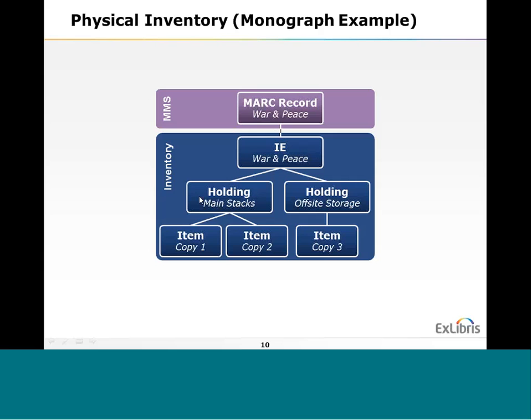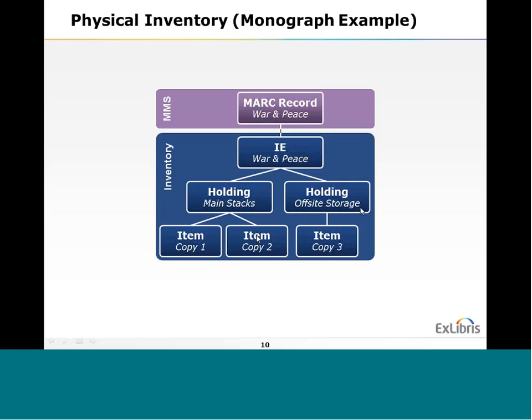You might have a bibliographic record called War and Peace. So using this example here, which points, using the intellectual entity, to holdings records. And for each unique location, you're going to have a holdings record. So for the main stacks, we have a holdings record, and we also have a holdings record for offsite storage for that location.